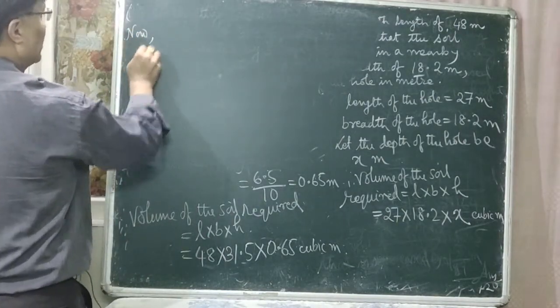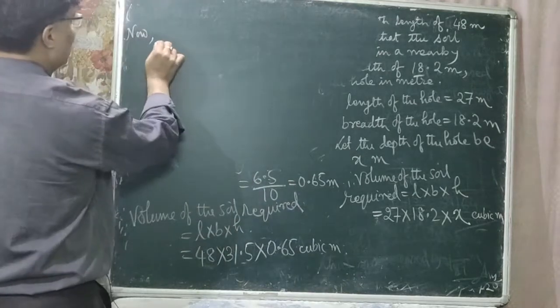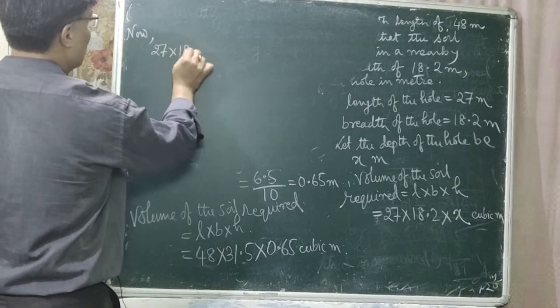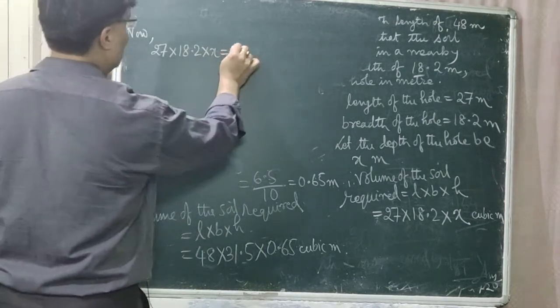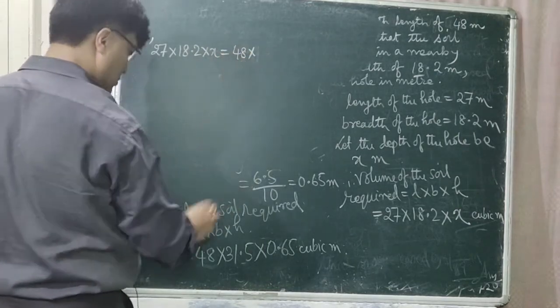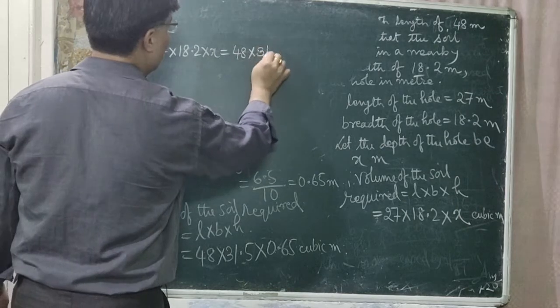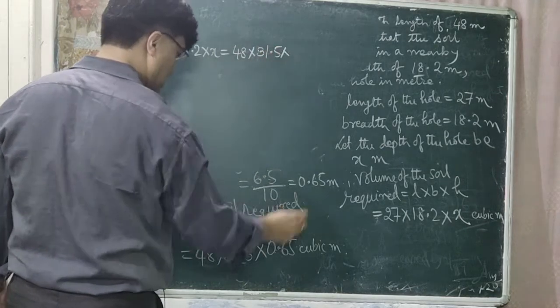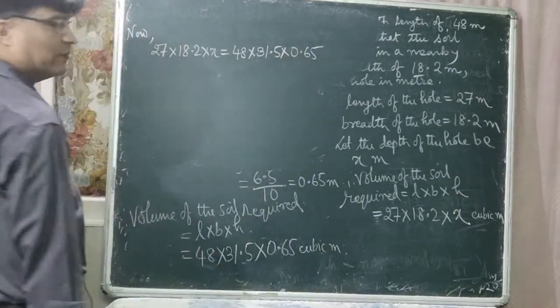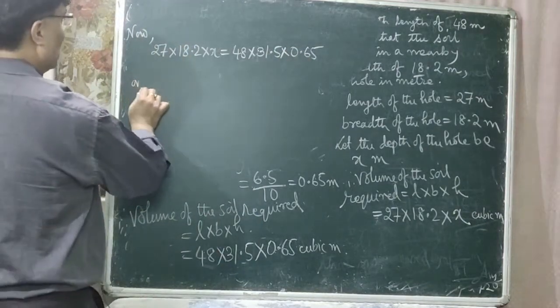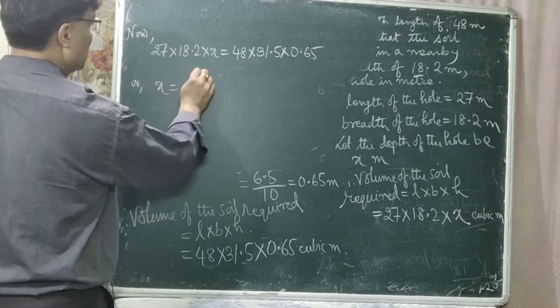Now you can equate these two, that is 27 into 18.2 into x, which is equal to this one, 48 into 31.5 into 0.65 into 0.65, right? So x is equal to how much is that?